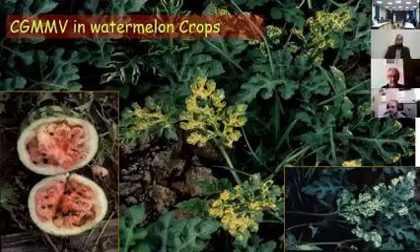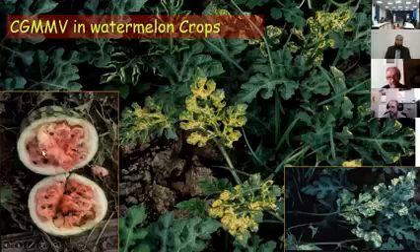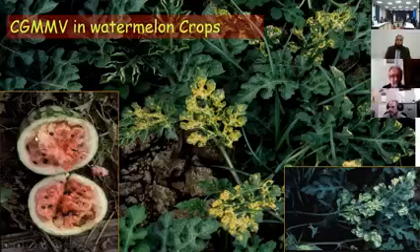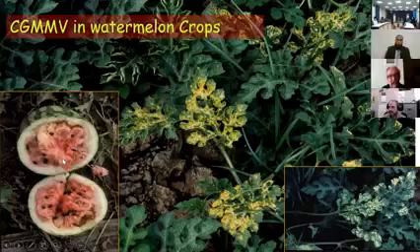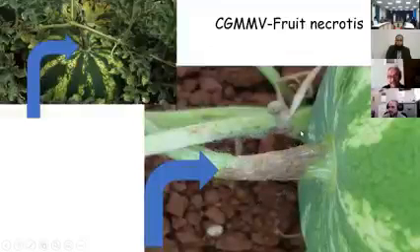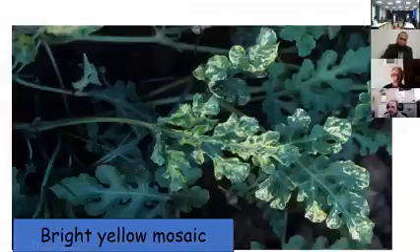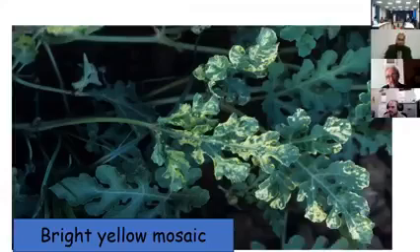And you can see here the symptoms on the leaves, and also the flesh of the fruit is deteriorated. You can see here the fruit is unmarketable. You can see here the maturation is incomplete. And also there is necrosis in the petiole. And of course, a very severe yellow mosaic symptom on the leaves.